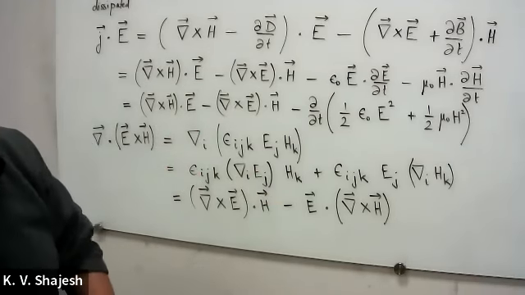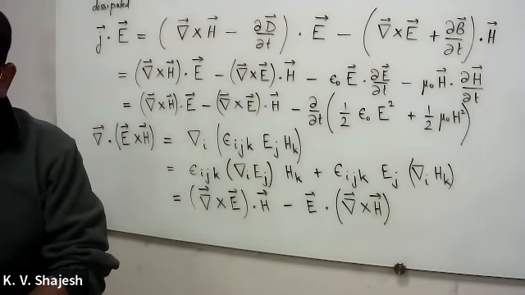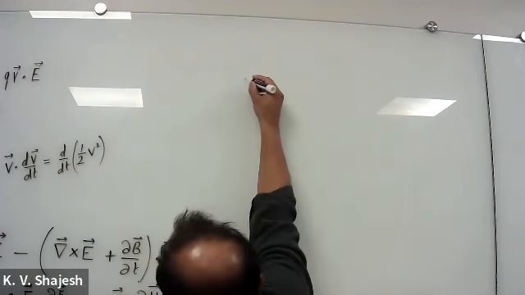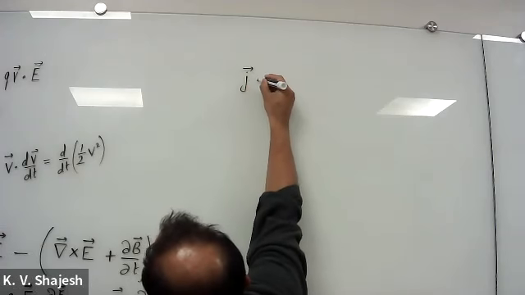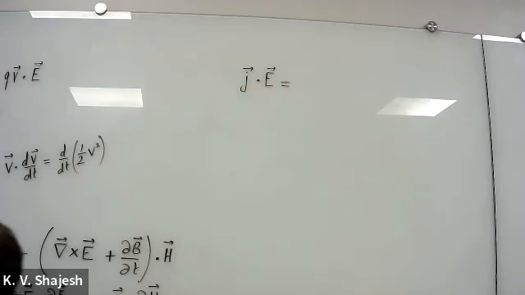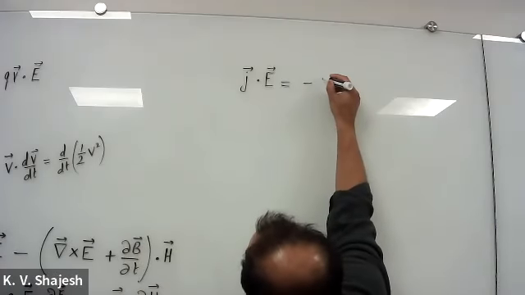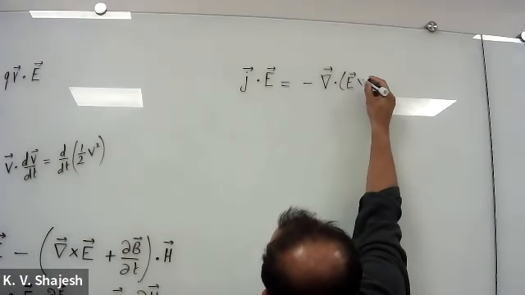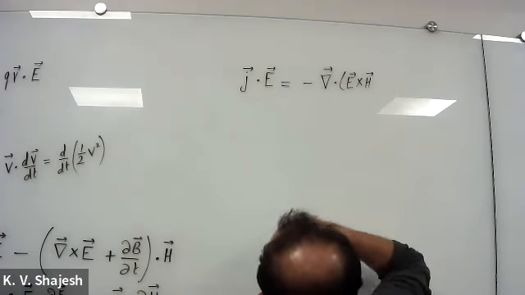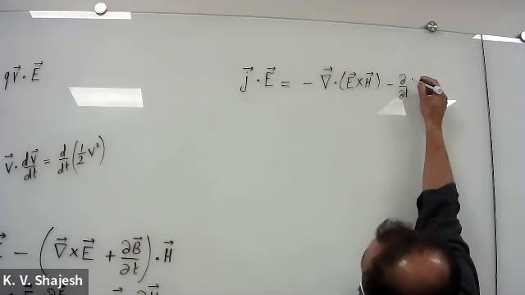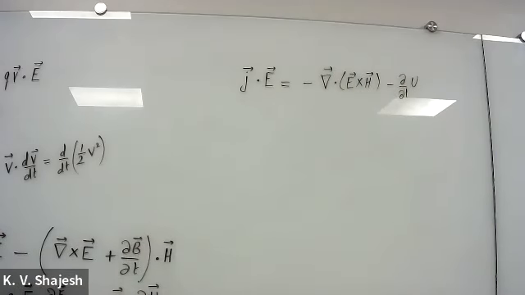So it seems like our equation reads J dotted with E is equal to, this term comes with a negative sign in there, so it is negative of E crossed with H, and a minus ∂/∂t of U. So U was what we defined earlier.